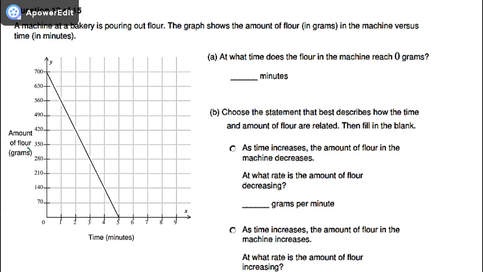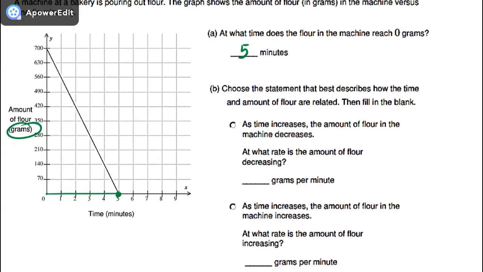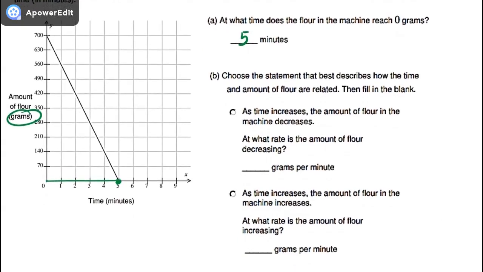So we look at the grams. At 0 grams, it's going to take 5 minutes. So that would be 5 minutes for 0 grams. Choose the statement that best describes how the time and the amounts of flour are related, and fill in the blank. As time increases, the amount of flour in the machine decreases.